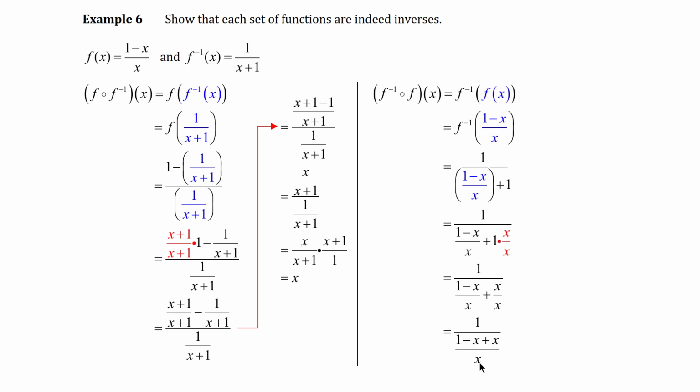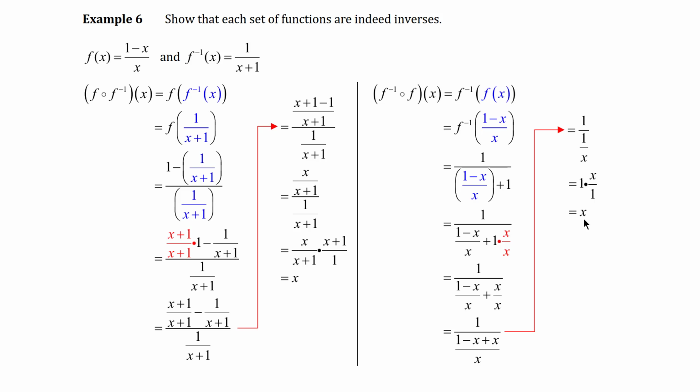From here, we simplify the fraction in the denominator. The minus x and the plus x cancel out. The result is 1 divided by 1 over x. Next, we simplify the complex fraction by taking the numerator 1 and multiplying it by the reciprocal of the denominator, x over 1. We get 1 times x over 1, which simplifies to give us x.